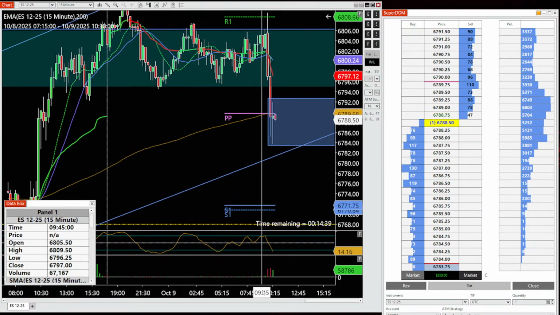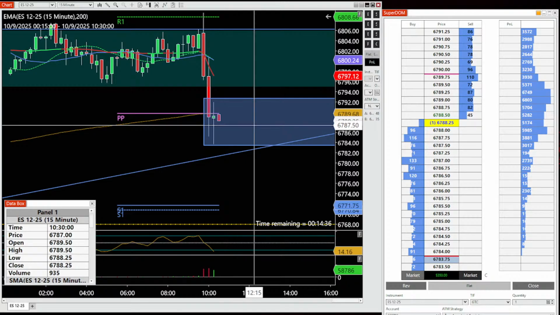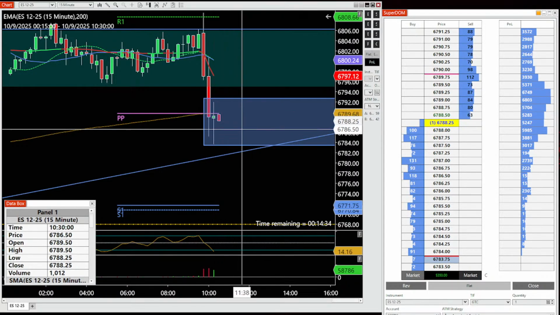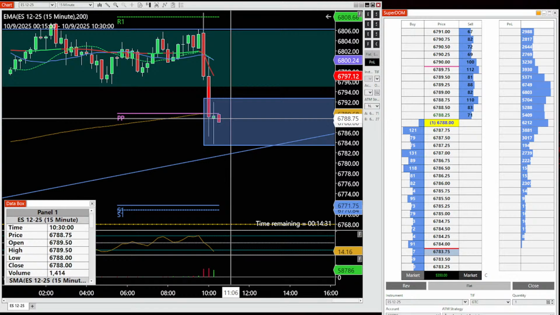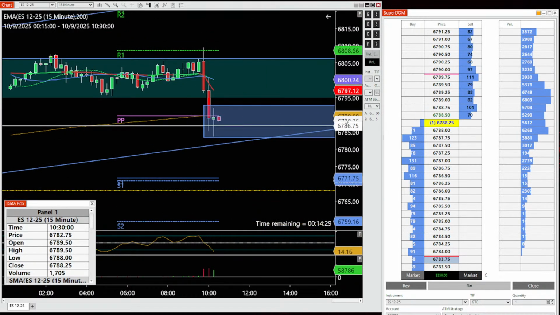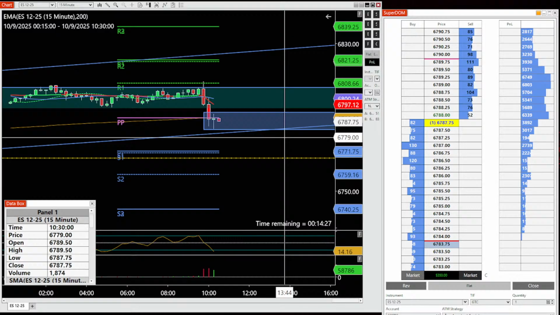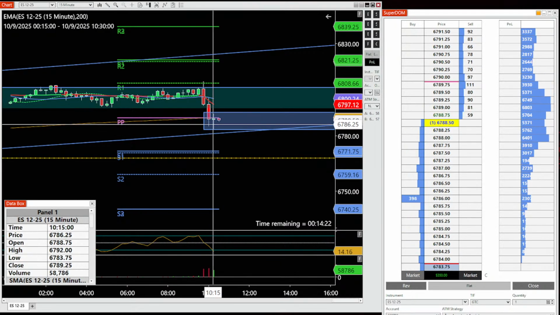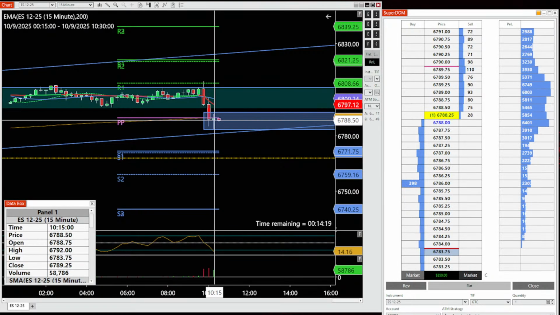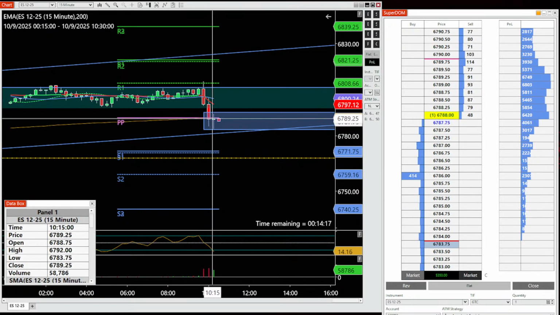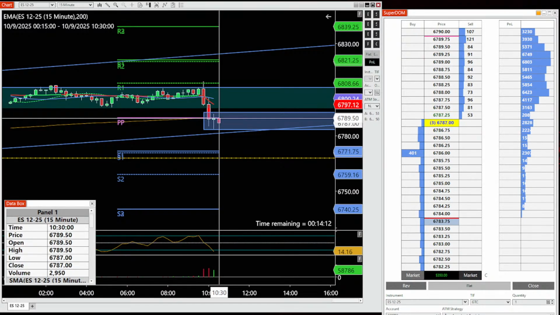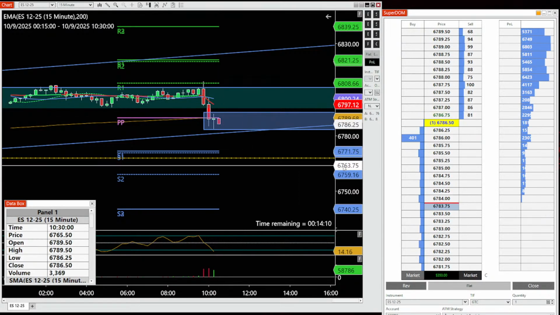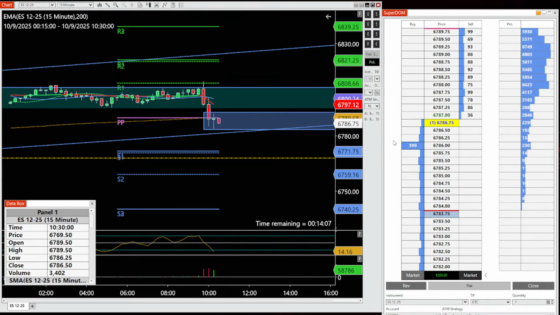So this 15-minute bar, we got these wicks. Buyer stepped in. This closed 89. This open is 88.75. 86. Orders got 486.